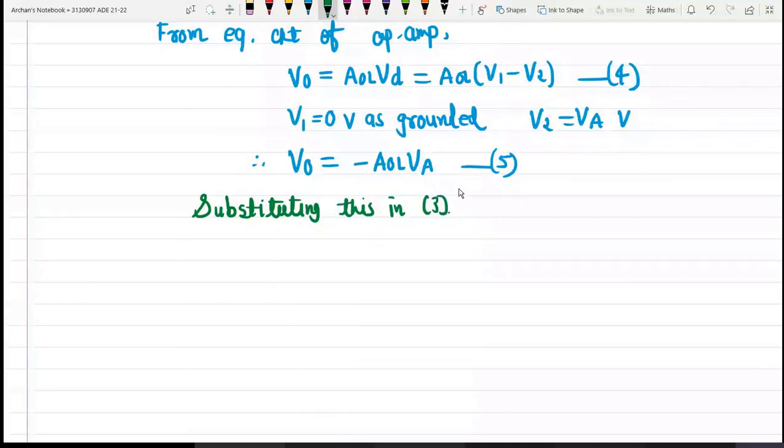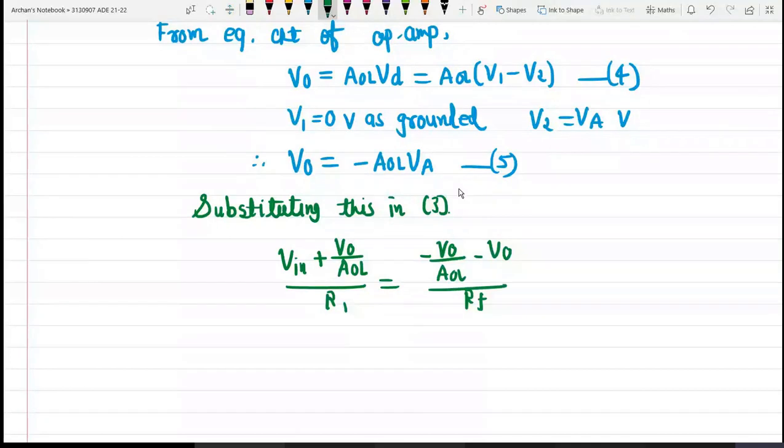So we have V in plus V0 by AOL, divided by R1, equal to minus V0 by AOL minus V0 divided by RF.